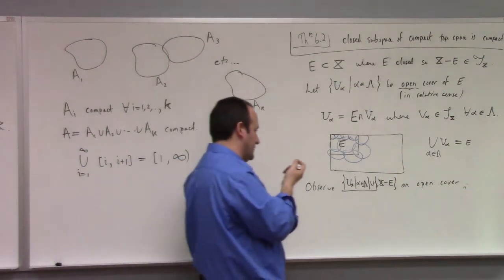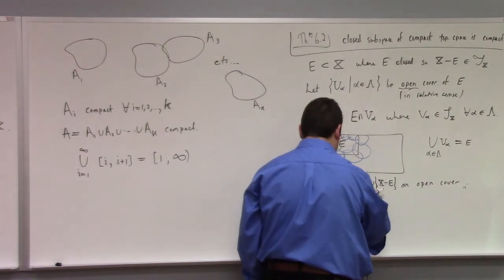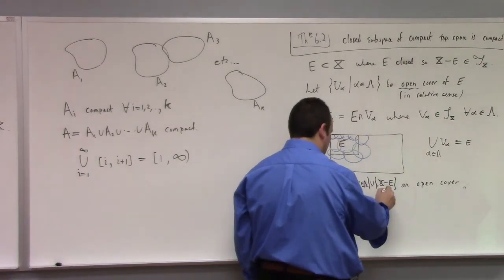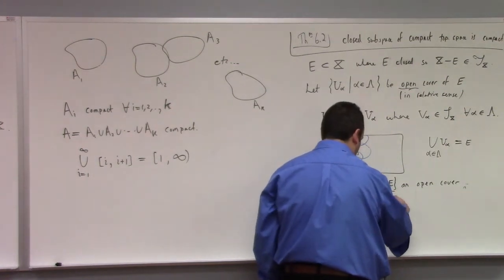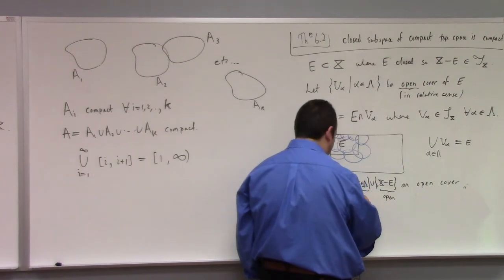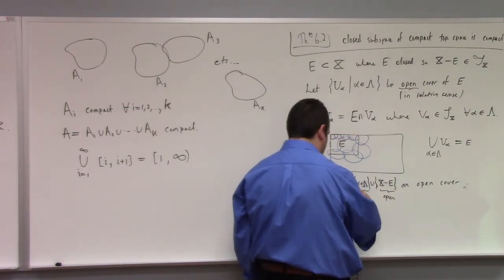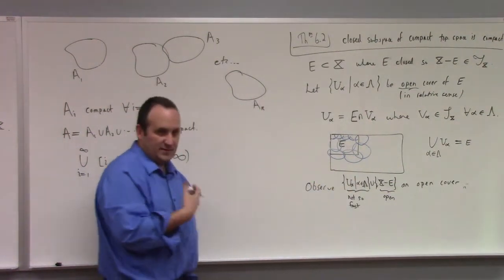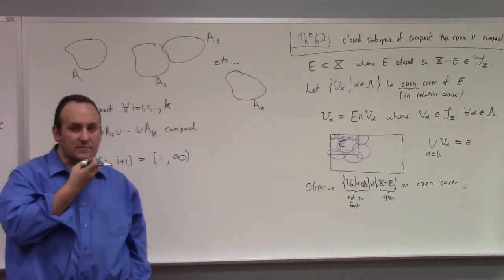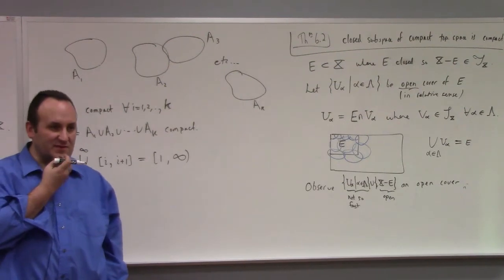Ah, very true. So we're not quite where we need to be yet because, well, this is definitely open. But not so fast, right? These are not open in X. But it's easy enough to see what to do.